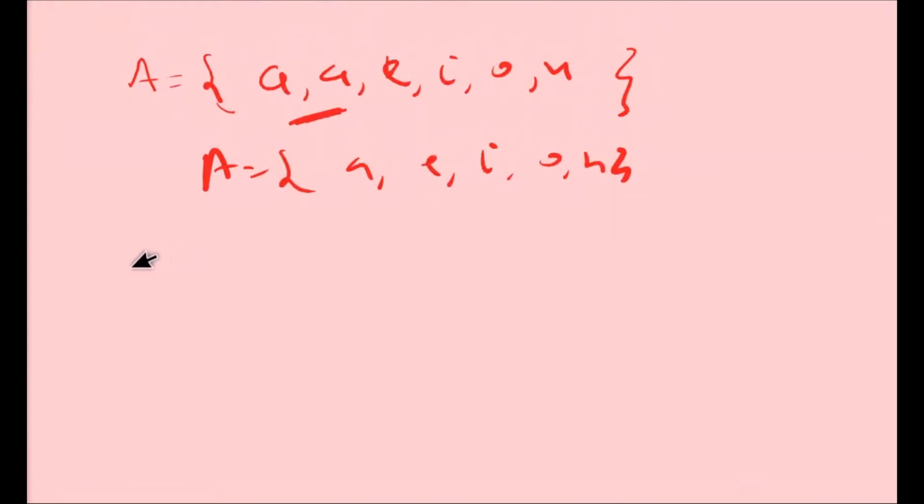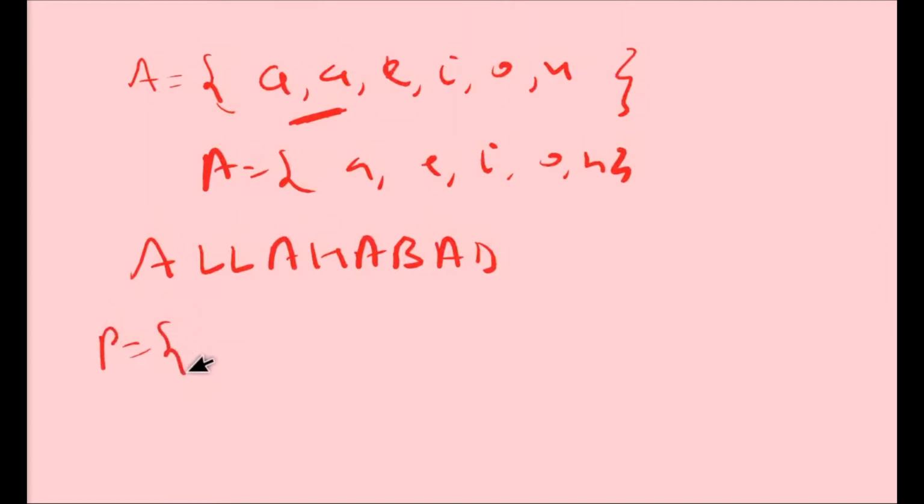Now we will talk about the word A, L, L, A, H, A, B, A, D. Write the set using the letters in this word. So we write A one time, then L, and A has already appeared, L has appeared.